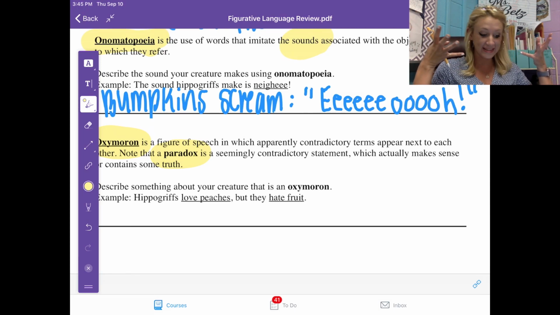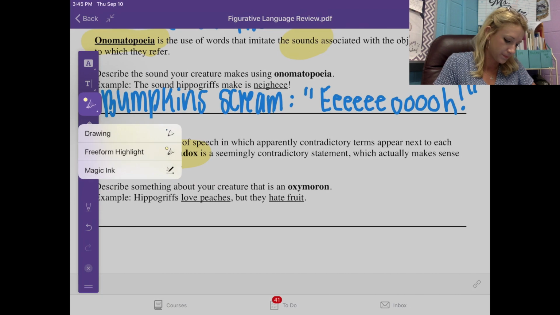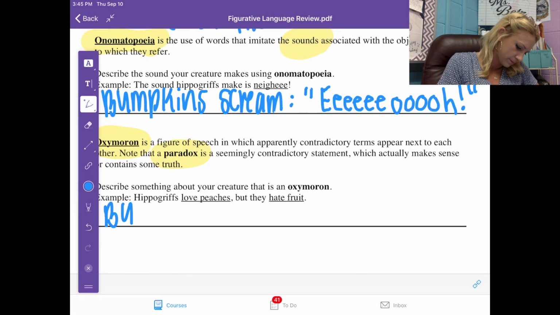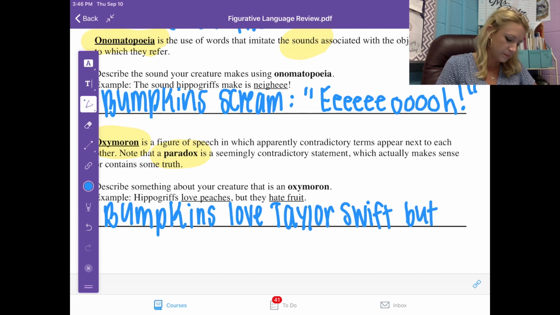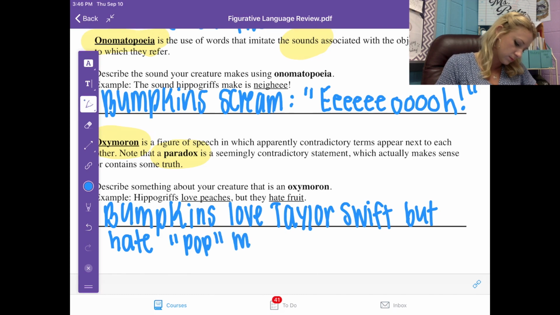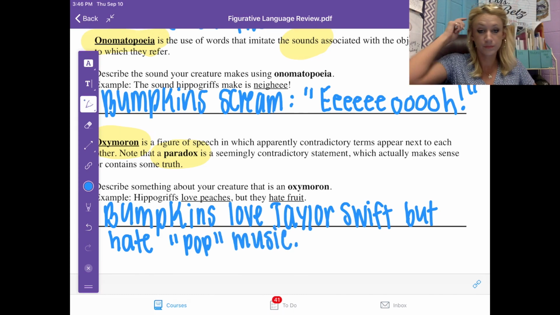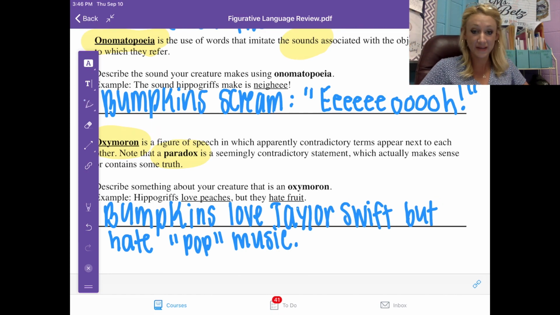So you're going to create an oxymoron or a paradox about your creature. Again, we're just having fun with it, just reviewing figurative language, so these can be a little bit silly, and that's okay.